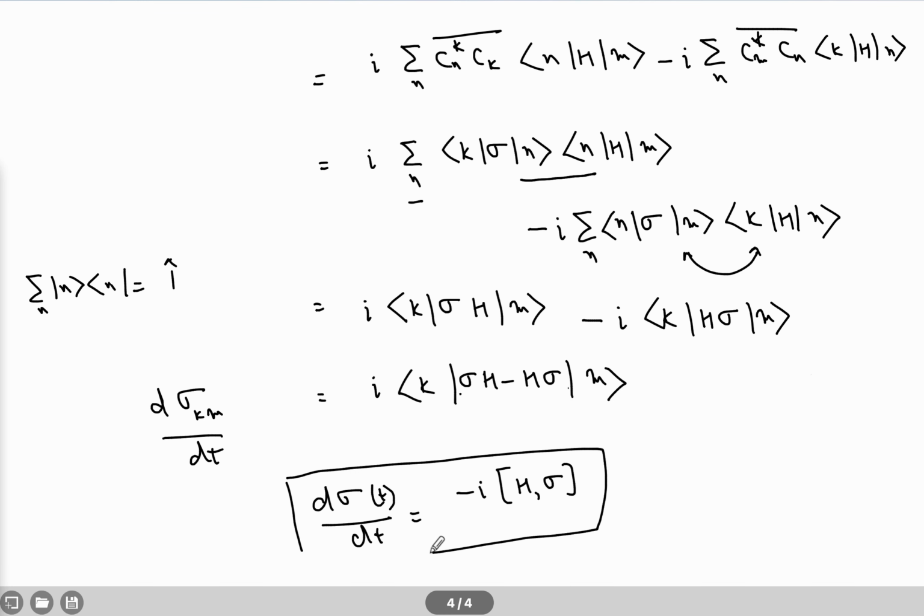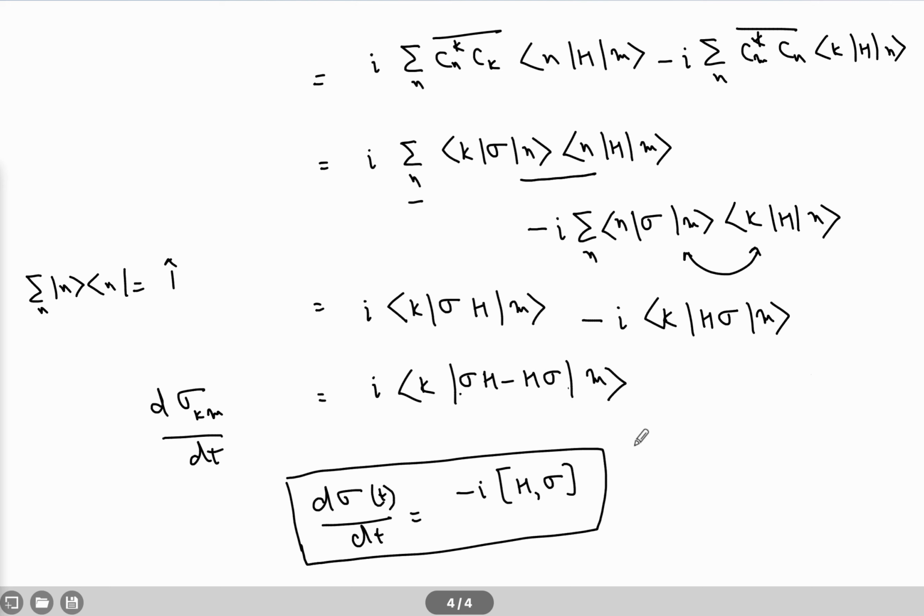So this is a very important equation which basically tells how your sigma t, that is the density operator, is changing in time, or is evolving in time when it is exposed to a given Hamiltonian.